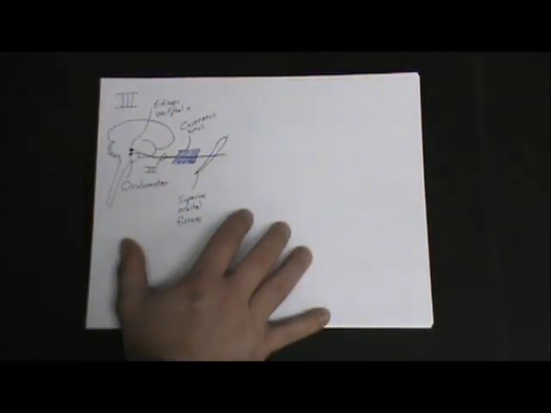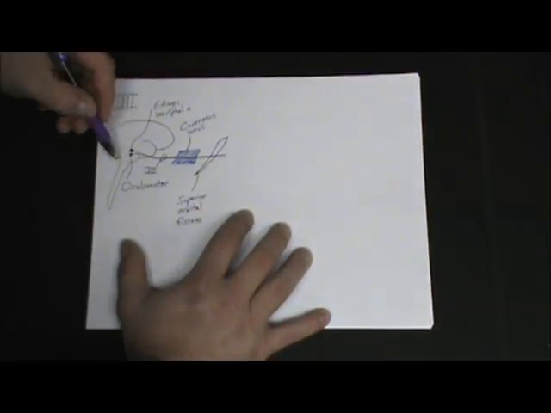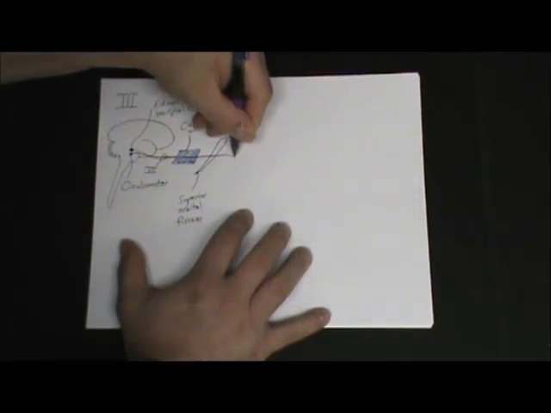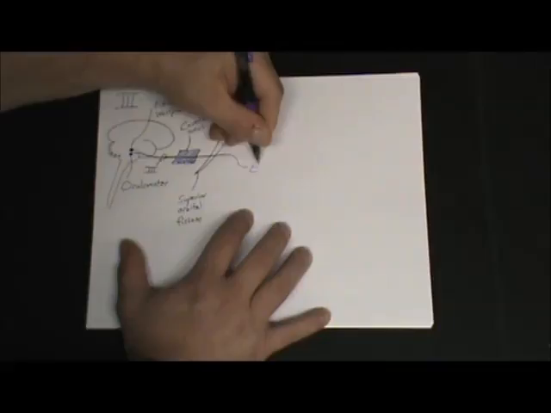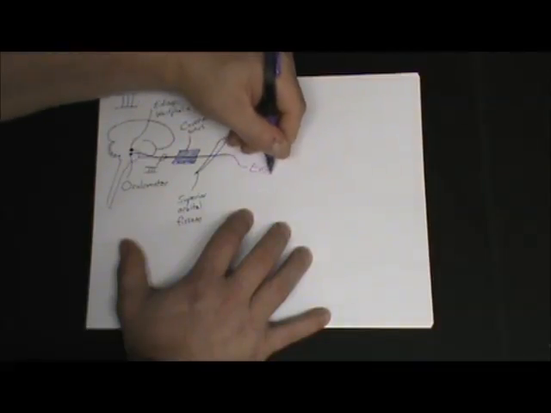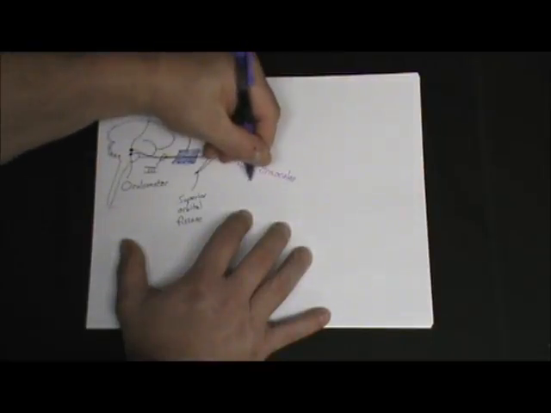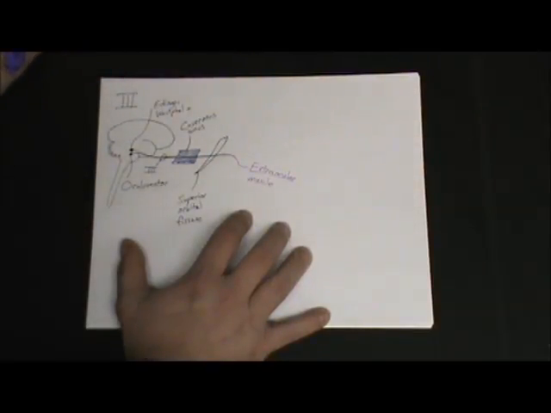Now once they get in there, cranial nerve 3, the axons from the oculomotor nucleus go and do their job, and their job is to innervate extraocular muscles. We'll talk a little bit more about that hopefully in a subsequent video, but it's going to innervate all of the muscles around the eye with the exception of the abducens goes to the lateral rectus, and the trochlear nerve goes to the superior oblique muscle.